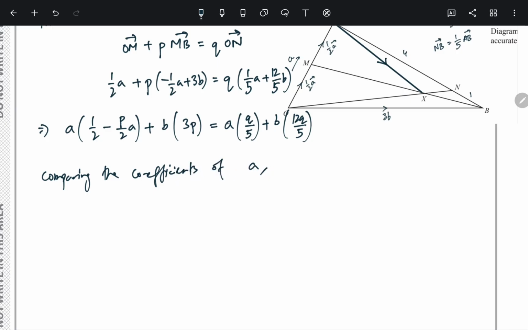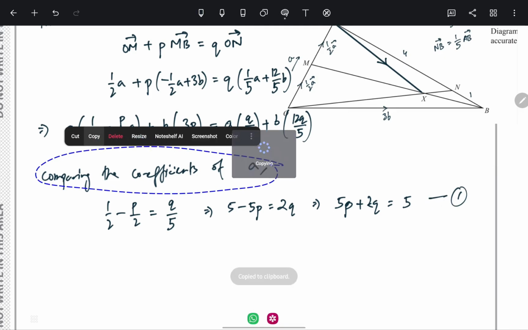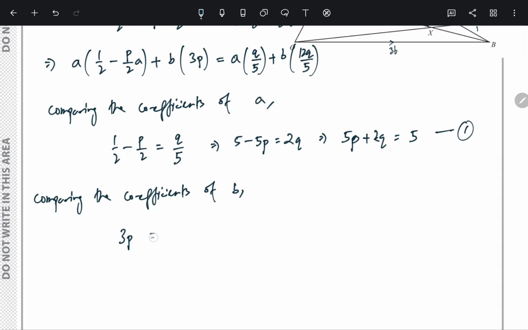Comparing the coefficients of A, we get half minus B by 2 equals Q by 5. That's going to be 5 minus 5B equals 2Q. So we get 5B plus 2Q equals 5. That's our first equation. And comparing the coefficients of B, we would get 3B is equal to 12Q by 5.